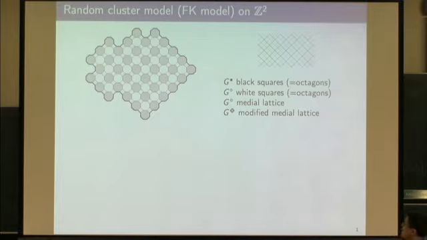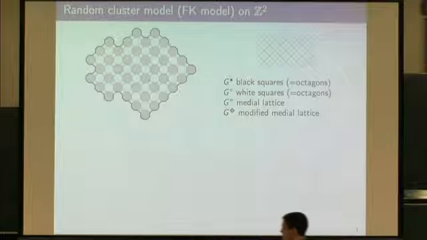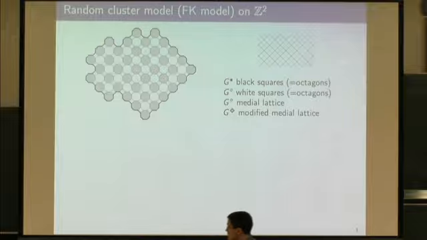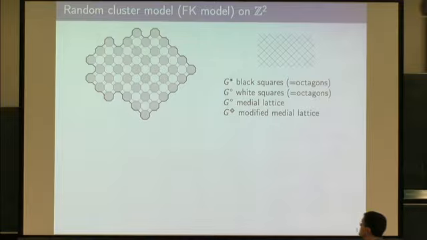The black squares form a square lattice. Their dual lattice is the lattice of the white squares, and the medial lattice is formed by these edges in the checkerboard coloring. Then we modify it by introducing these small squares.